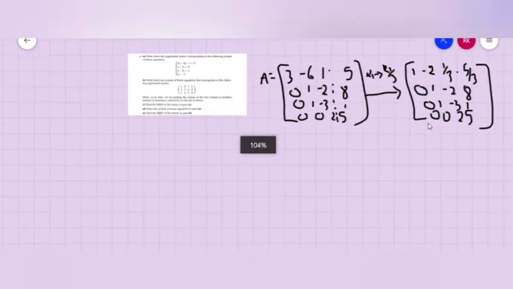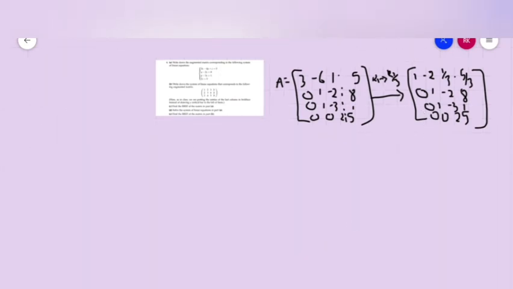Next operation: we construct the pivot here. We can get 1, but here this is minus 2, and we are going to eliminate this minus 2. How?